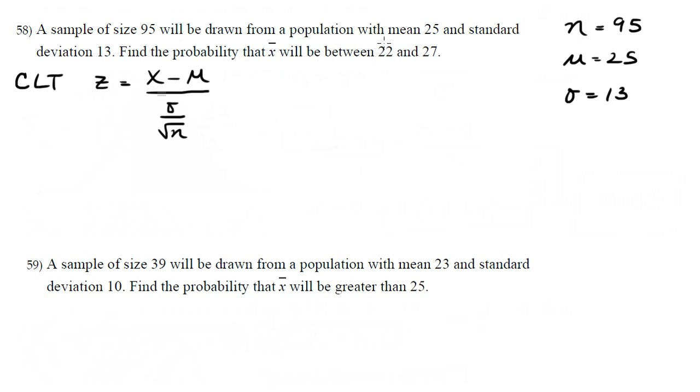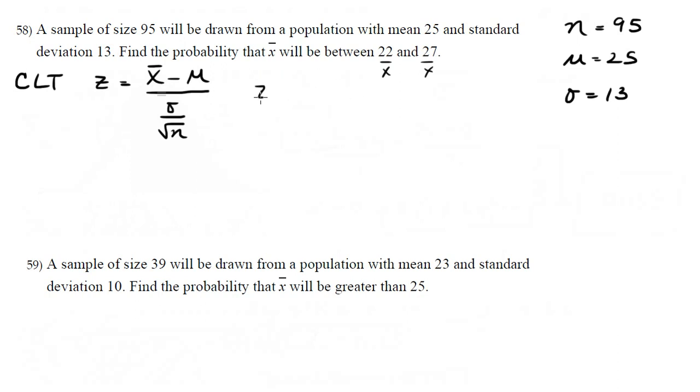So for each of these x bar, these mean values, this should be x bar, sorry. X bar minus the mean. My apologies. So for each of these x bar values, let's convert them to z-scores.